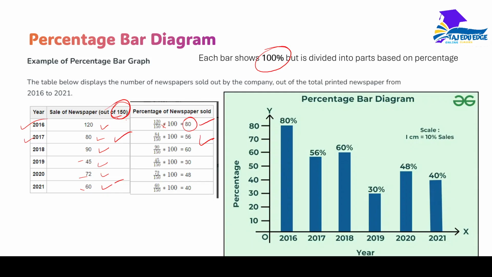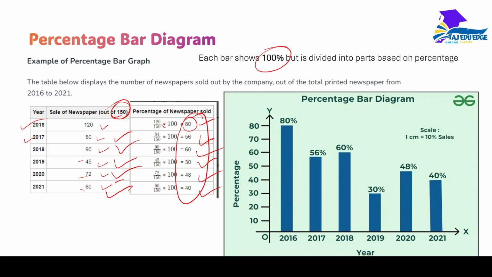Out of 150, 90 were sold, means it is 60%. Out of 150 printed newspapers, 45 were sold, means it is 30%. And out of 150, 72 were sold, means it is 48%. Out of the same 150, 60 were sold, means it is 40%. So now we do have the percentage of sold newspapers.